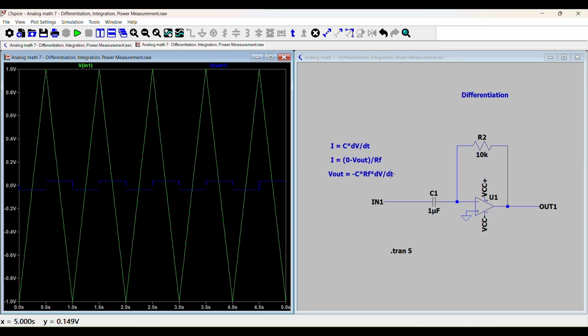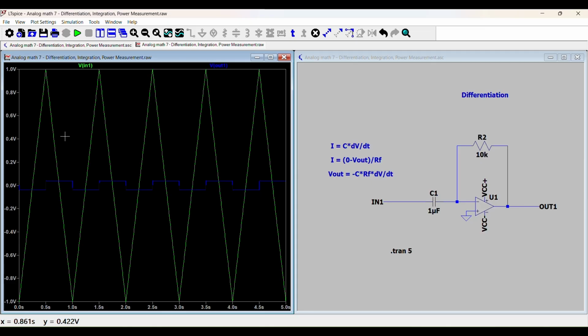So do we actually have that here? Well, 1 microfarad times 10K is 0.01. And so our voltage over time is 2 volts across 0.5 seconds. So therefore, it's 4 volts per second increasing. And then 4 times 0.01 is 0.04. And that's exactly what we see here, minus 0.04 volts.